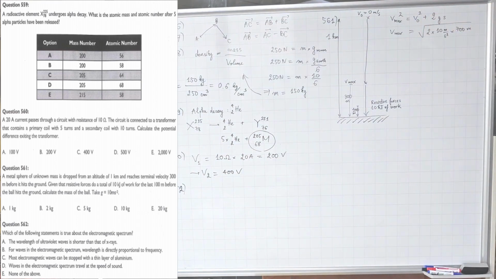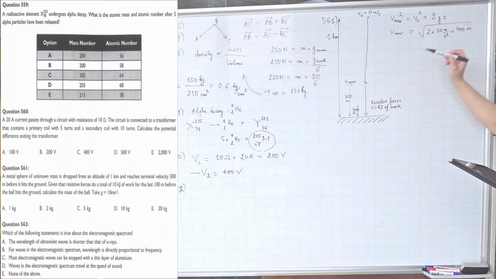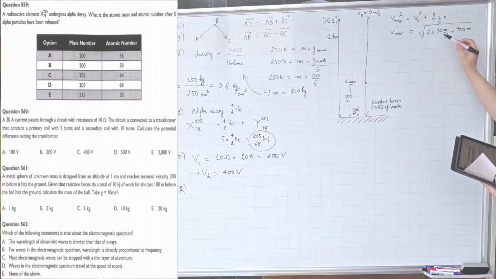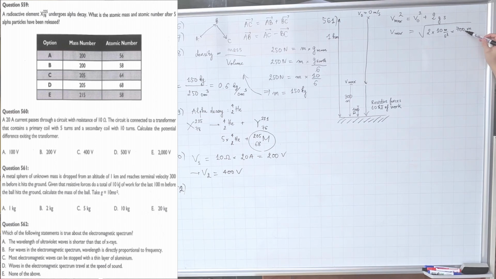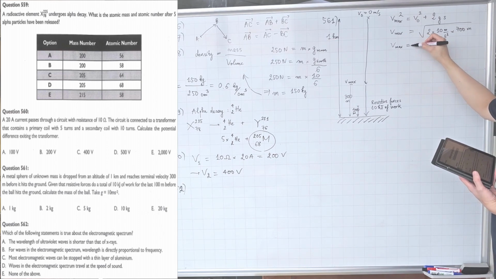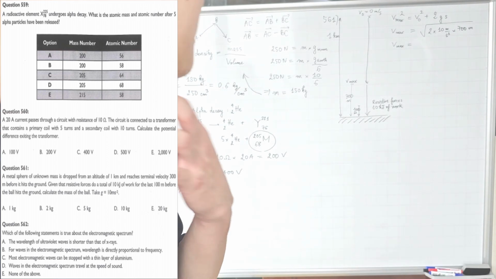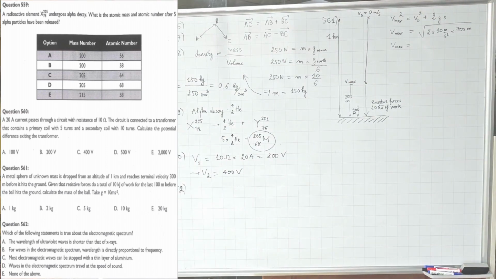Vmax here, can you calculate this for me? This one is like the square root of 14,000. Okay, square root of 14,000.